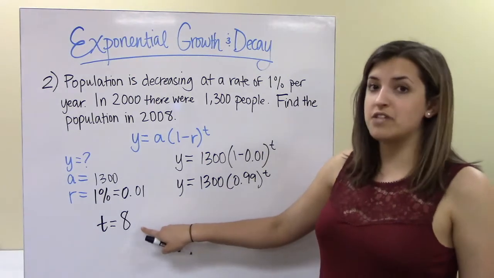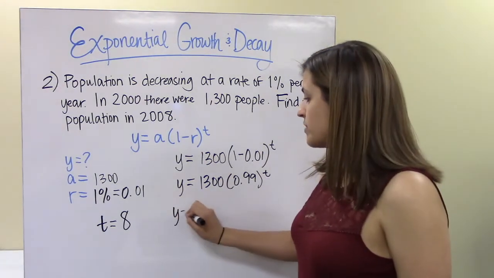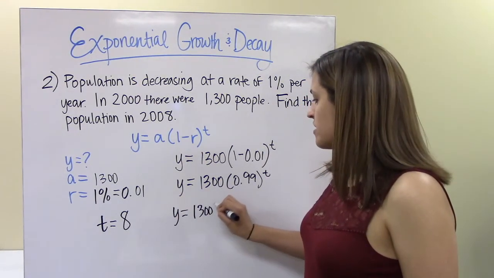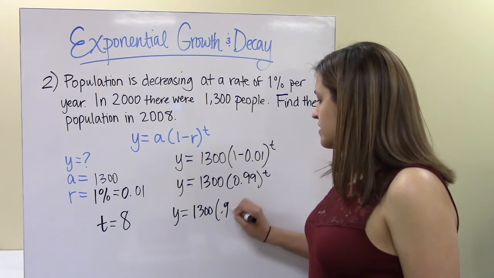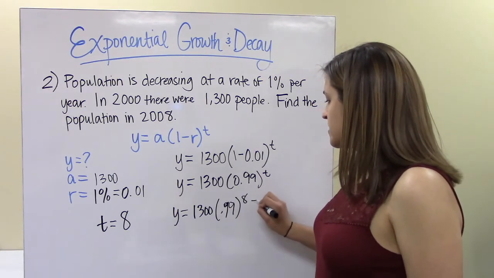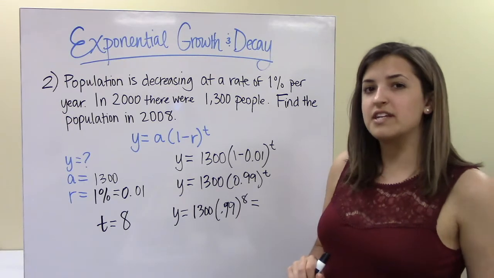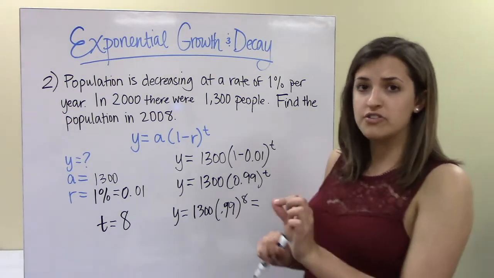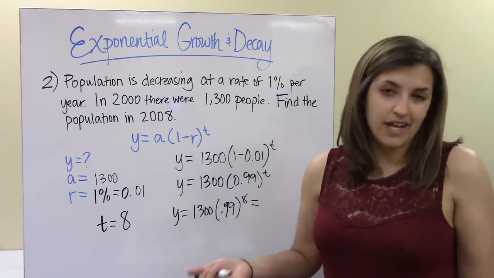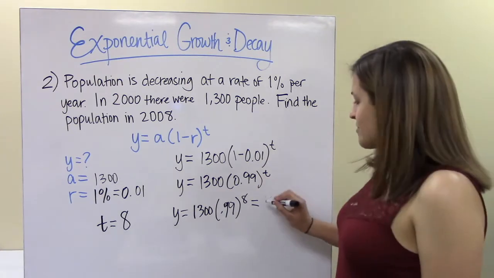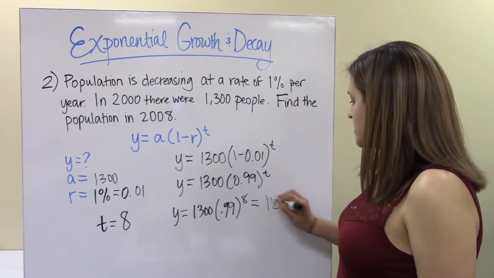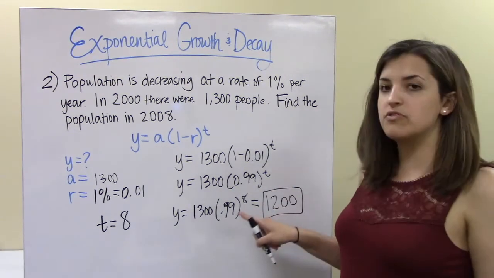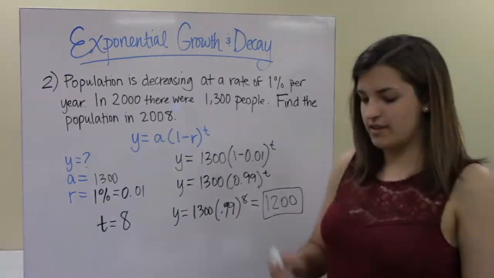So t equals 8. And when we plug this in, we'll get y equals 1,300 times 0.99 to the 8. And this is going to give us a number that is ever so slightly below 1,200, but we have to round up because we can't have fractions of people. So we're going to have 1,200 people, and that tells us that we had 1,200 people in 2008.